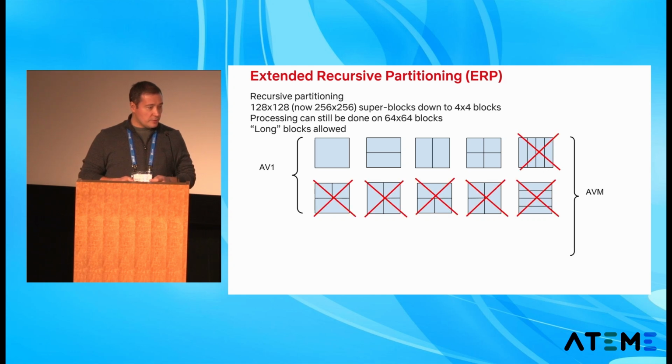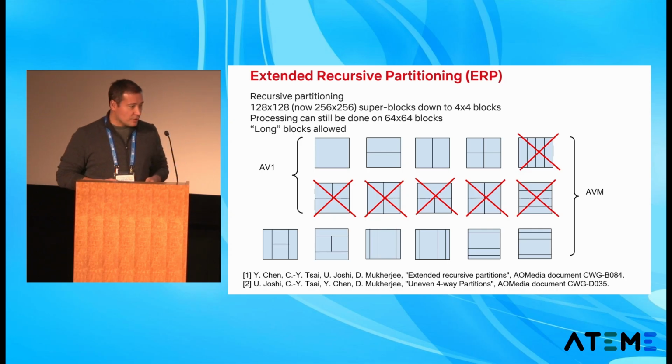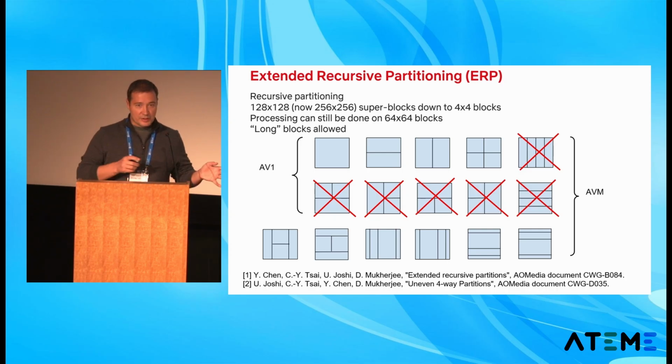In AVM, basically, a number of partitions have been removed, so you don't have those anymore, and some more partitions have been added instead. So you can see, for example, H partitions and some asymmetric partitions. And in general, this partitioning scheme is more flexible and brings gains.